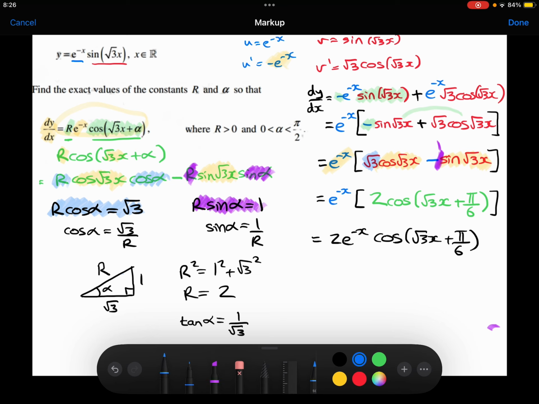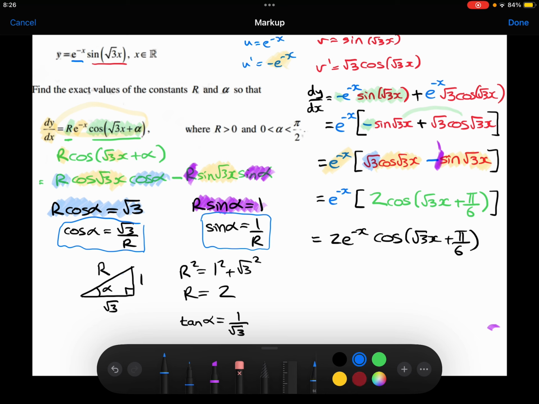From there, I've divided both sides by r to get this and this. And then I've drawn a little right angle triangle to allow me to work out what r and alpha are going to be. So I've drawn my right angle triangle.